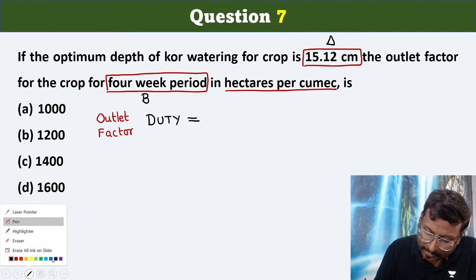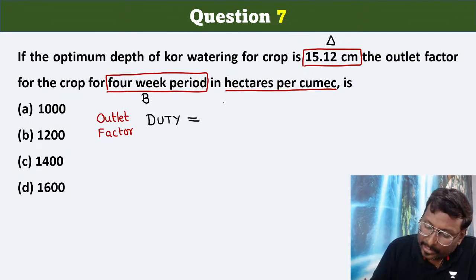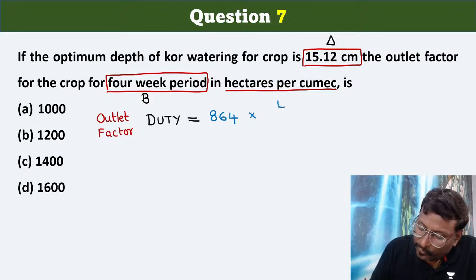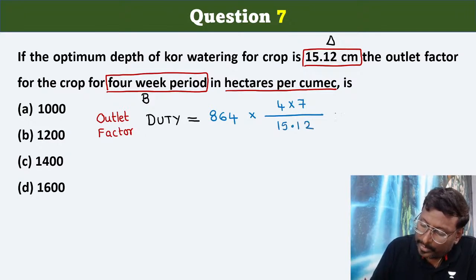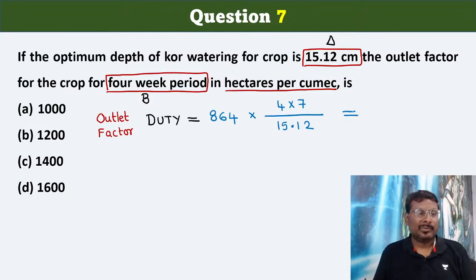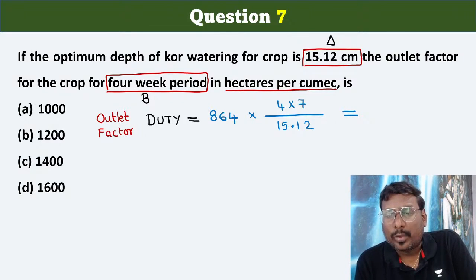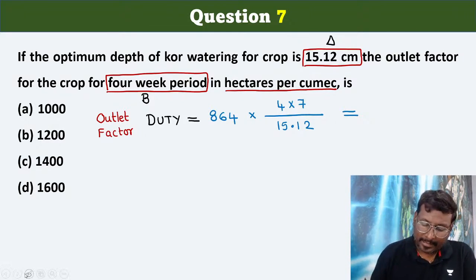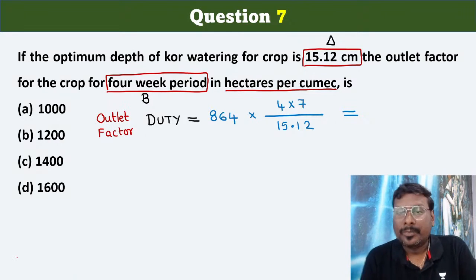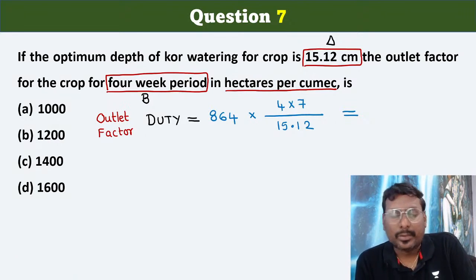Duty need to find out. 864 into 4 weeks, 28 days, 15.12 centimeter. Yes, correct, Harun. Hectare per cumec is given in the data. That is why we are going with outlet factor, duty.